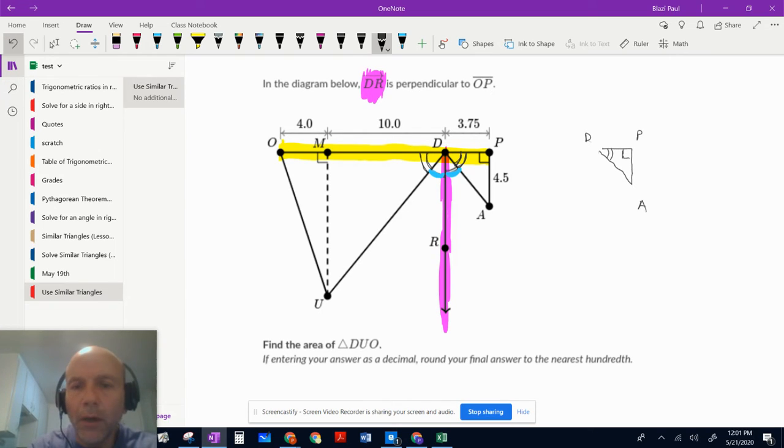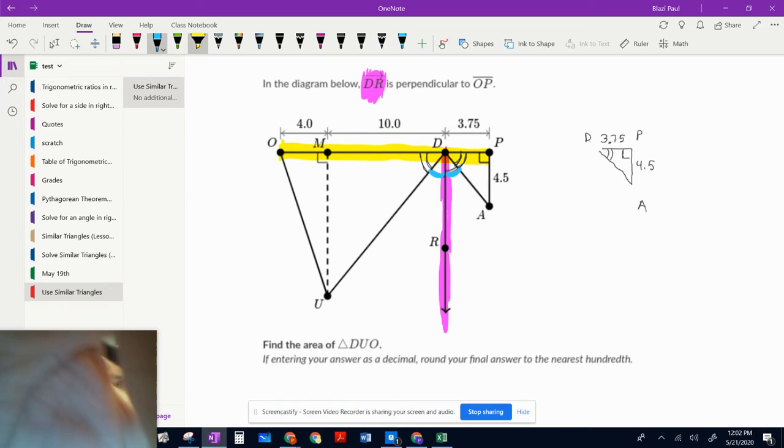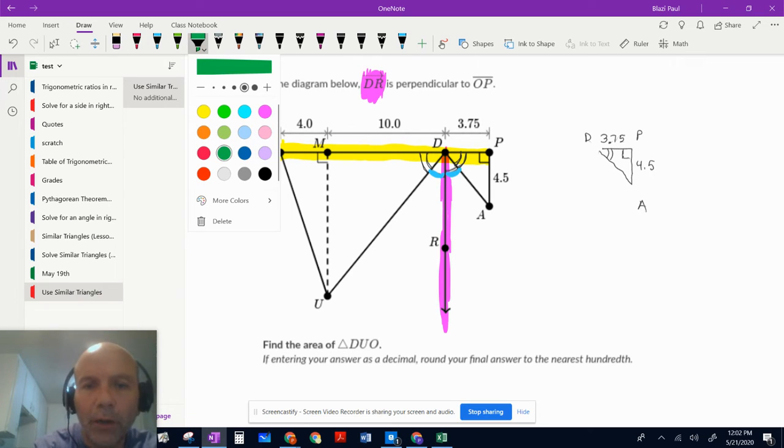So this is DPA. I know that PA right here is 4.5. And I know that DP is 3.75, right? And what's my other triangle that's similar? I'm going to use the highlighter to highlight it. Do you know what triangle is similar to triangle DPA?